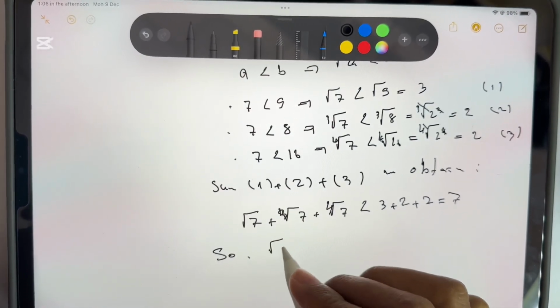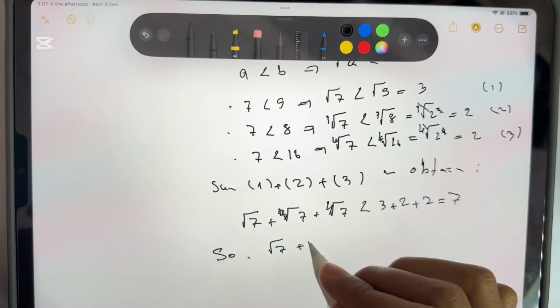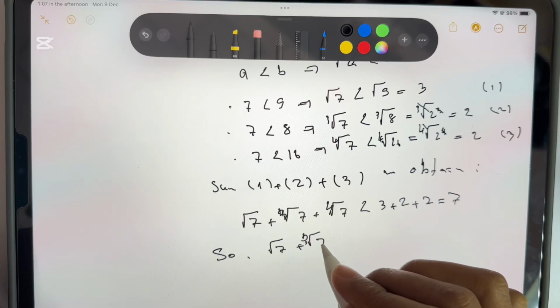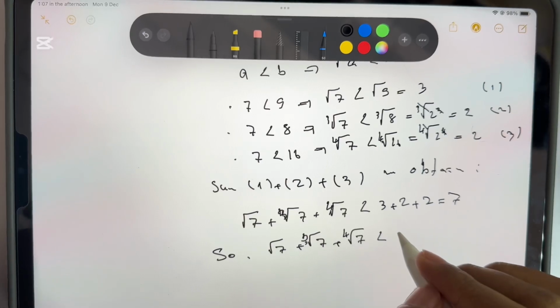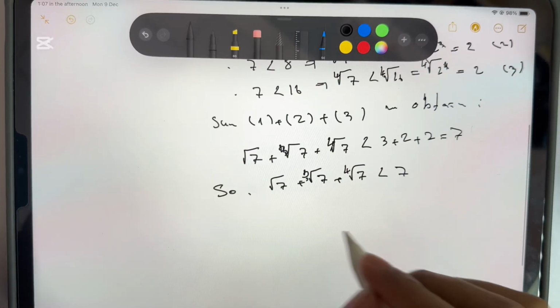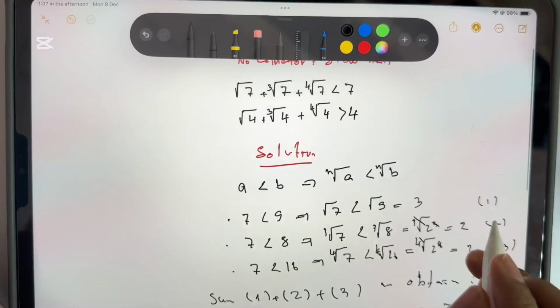So the square root of 7 plus the cube root of 7 plus the fourth root of 7 is really smaller than 7. Now let's look at the other inequality.